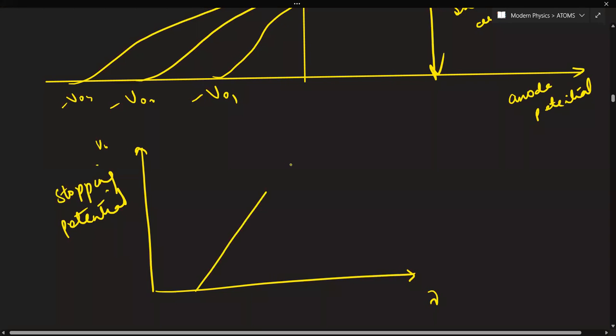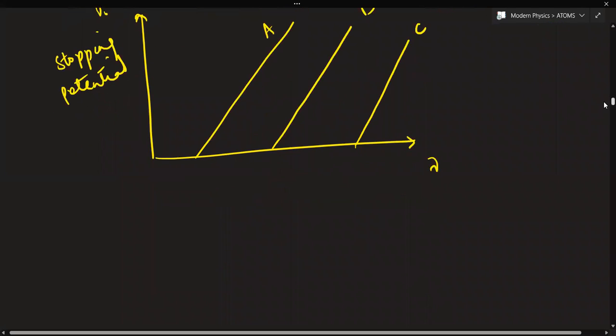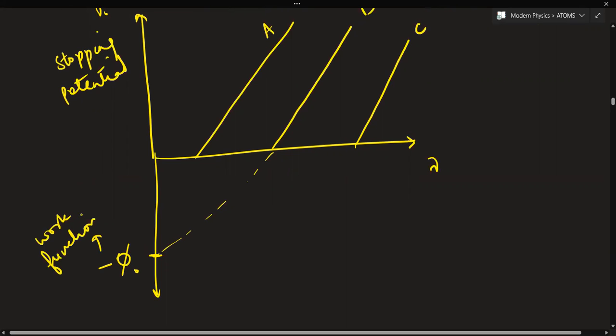This is for metal A, this is for metal B, this is for metal C. Now if you extend the graph downwards on the y-axis, this point is known as minus phi naught, which means your work function.